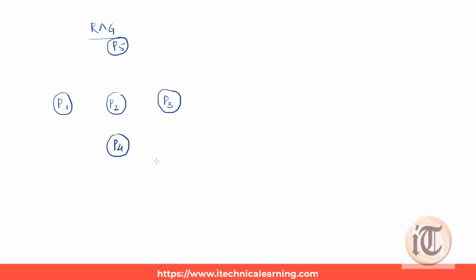Along with that we have resources named R1, R2, R3, R4, and at last one more resource, R5. All these resources have only one instance, so that's why it is called single instance.